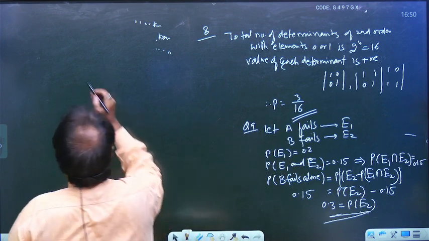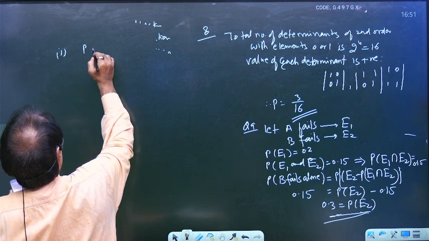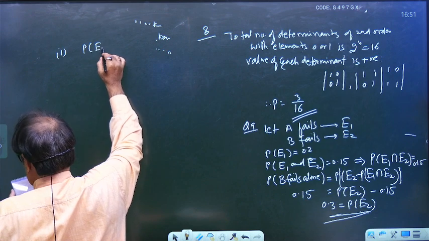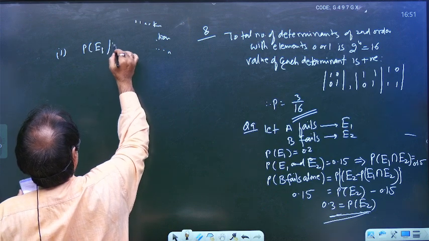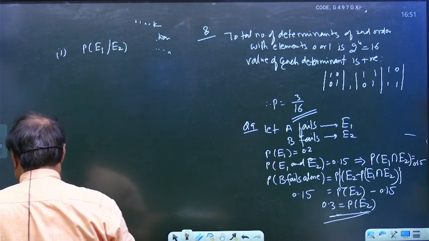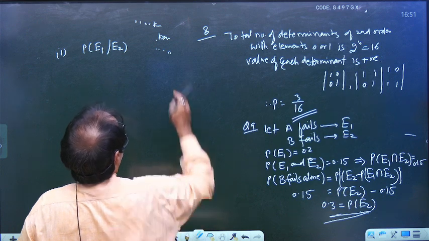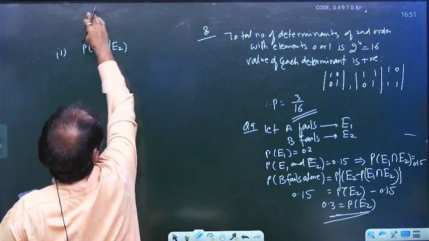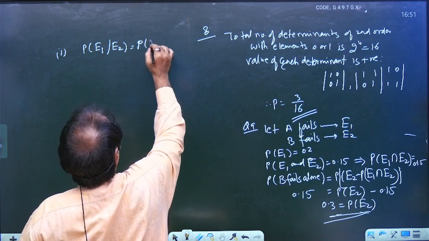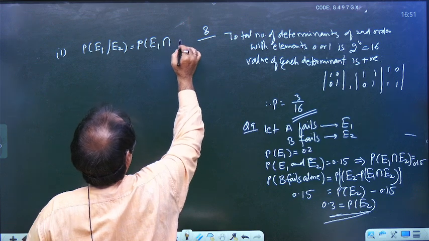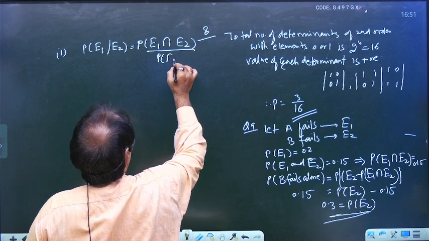Okay, and now the first part is to find the probability of E1 given E2. So this is equal to probability of E1 intersection E2 upon probability of E2.